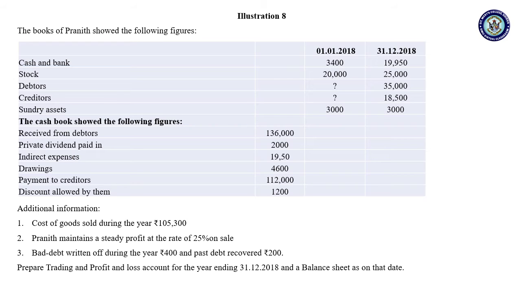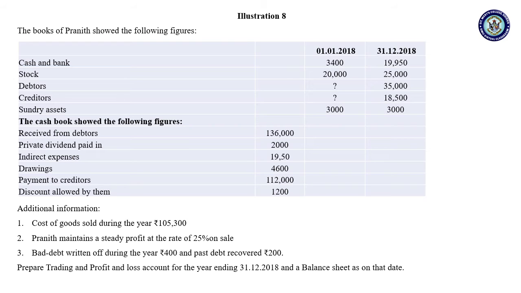Bad debt will be taken in the debtors account, but bad debt recovered is not taken in the debtors account. In the first or second problem, I made it very clear: only bad debt will appear in the trading debtors account.